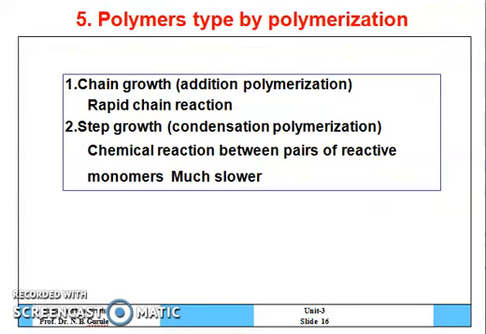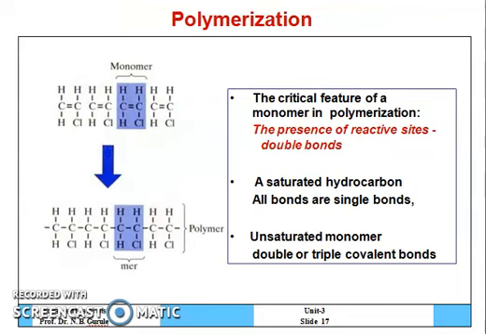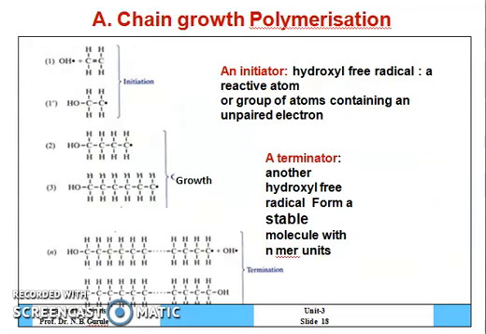Then on the basis of the polymerization process, polymers or plastics are classified into two groups, that is chain growth polymer and step growth polymer. In chain growth polymers, a rapid chain reaction takes place during the formation of the polymer. A number of monomers get joined together to form a long chain polymer. This process is initiated by an initiator such as a hydroxyl free radical, which is a reactive atom or group of atoms containing unpaired electrons.